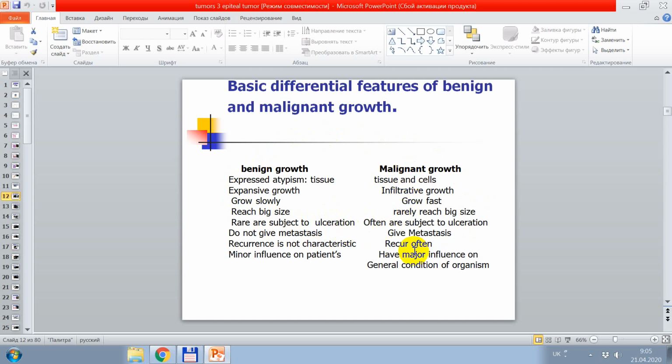Malignant tumors often are subject to ulceration and secondary change. Benign tumors do not give metastasis. Malignant tumors give metastasis. Benign tumor recurrence is not characteristic. Malignant tumors recur often. Benign tumors have no influence on patients. Malignant tumors have a major influence on the general condition of the organism.